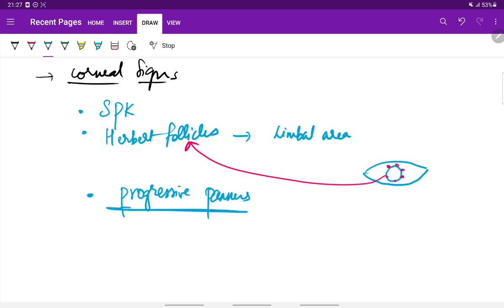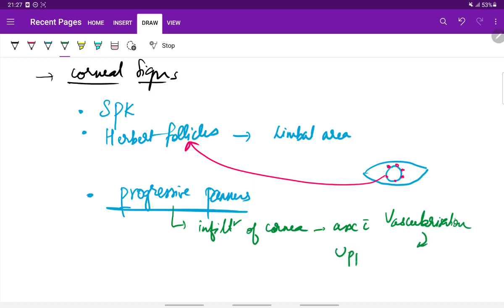In the stage of active trachoma, there is formation of progressive pannus, which is pathognomonic of trachoma. So this progressive pannus is nothing but infiltration of the cornea, which is associated with vascularization. This is seen in the upper part. Here will be the pannus formation.